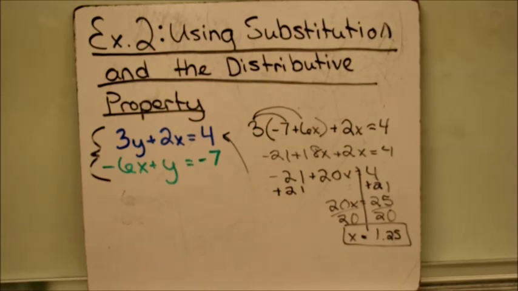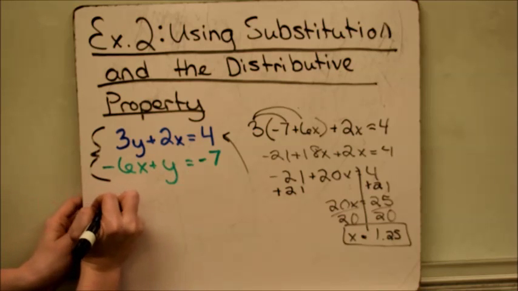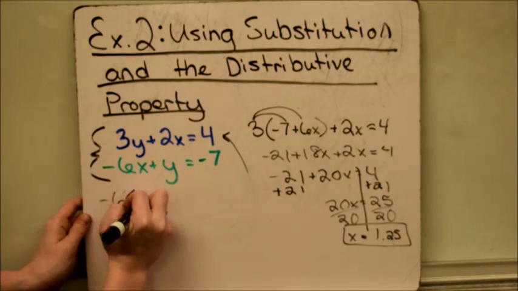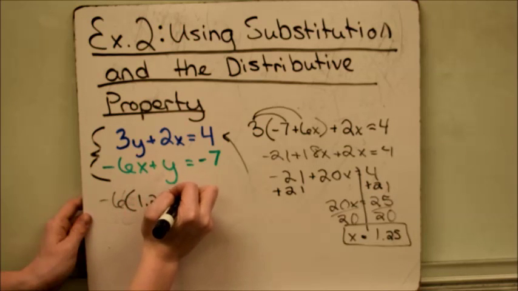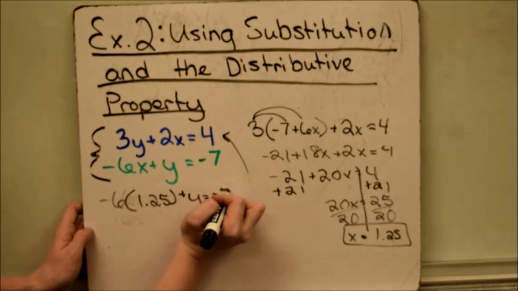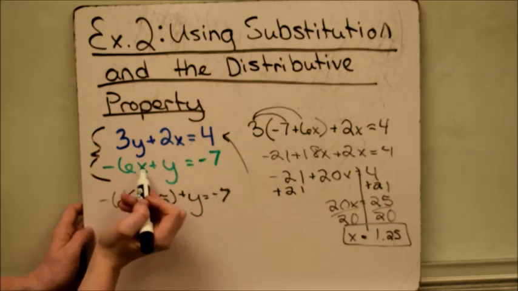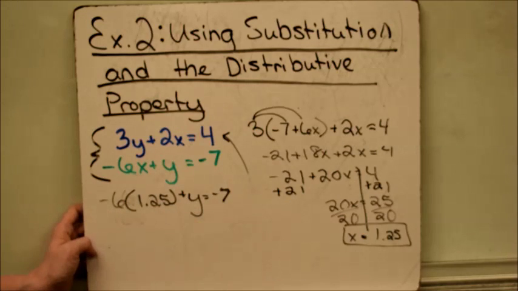All right, so now let's take this answer and let's plug it into the second one. So negative 6 times 1.25 plus y equals negative 7. So we just plugged this value in here for x. That's all we did, and rewrote this equation.